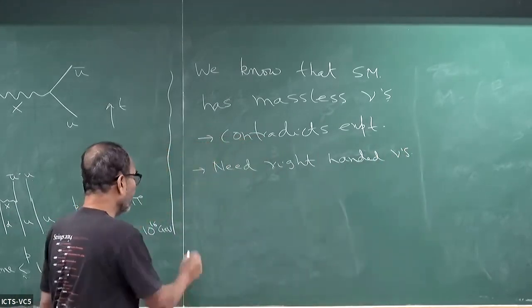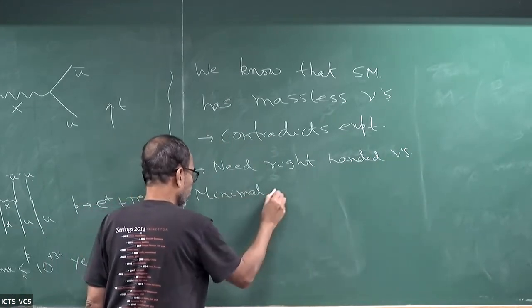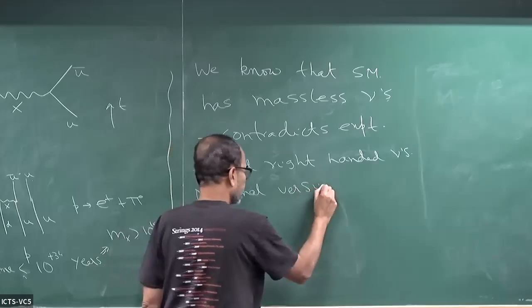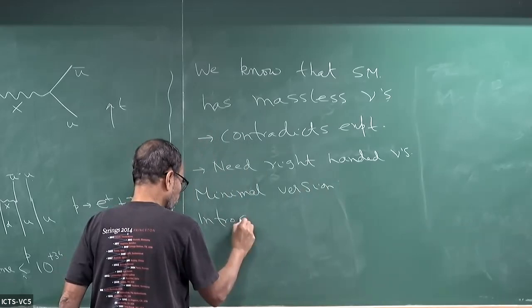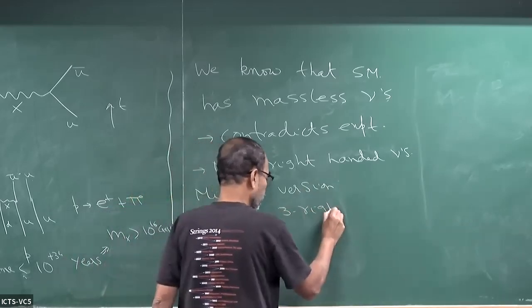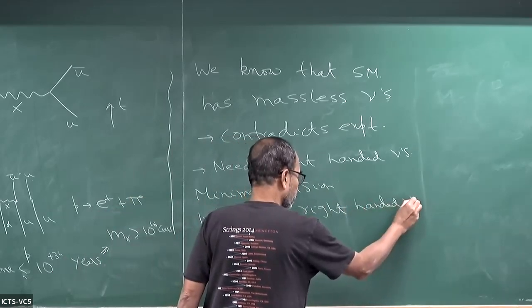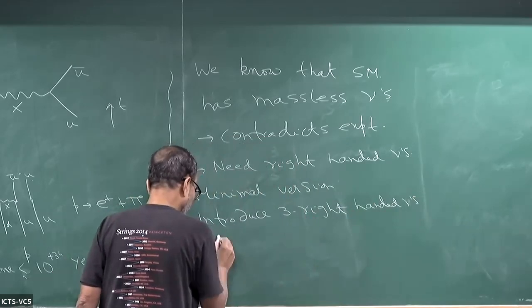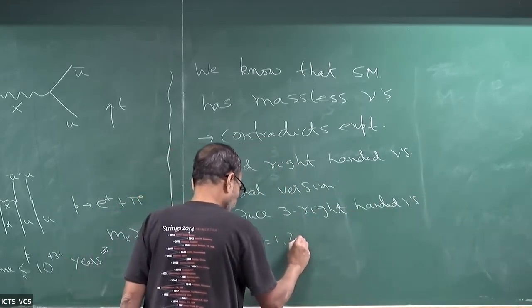So the minimal version of this is to introduce 3 right-handed neutrinos, which I'll denote by nu_Ri with i equal to 1, 2, 3.